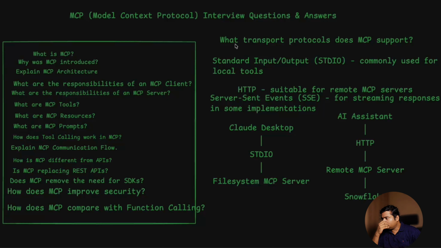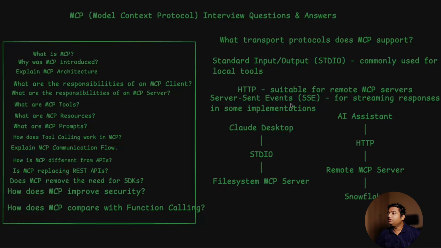The answer is that it supports a few protocols. STDIO is commonly used for local tools. For example, if you have Claude Desktop and you are connecting to the MCP file system server, then STDIO is used. It can be used with GitHub Copilot, with VS Code, and I think it's available in PyCharm also.